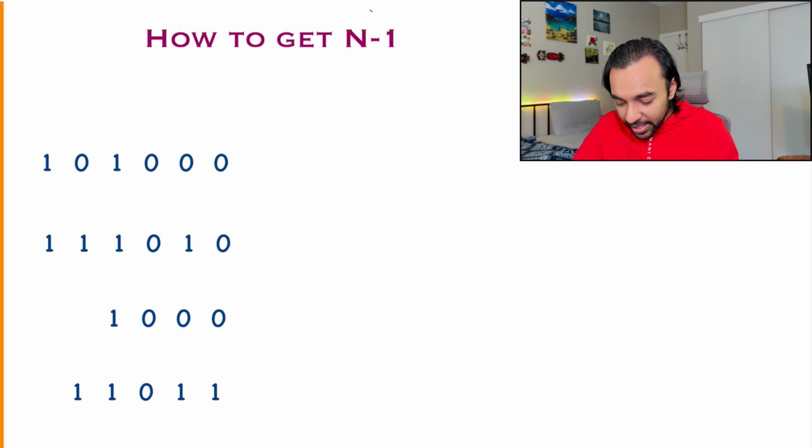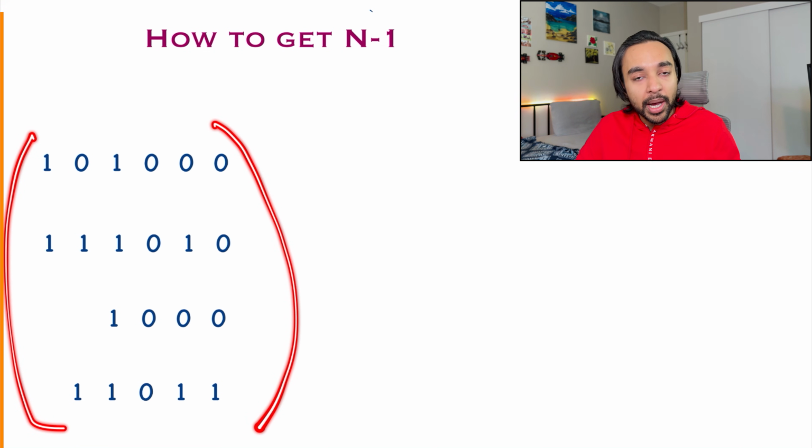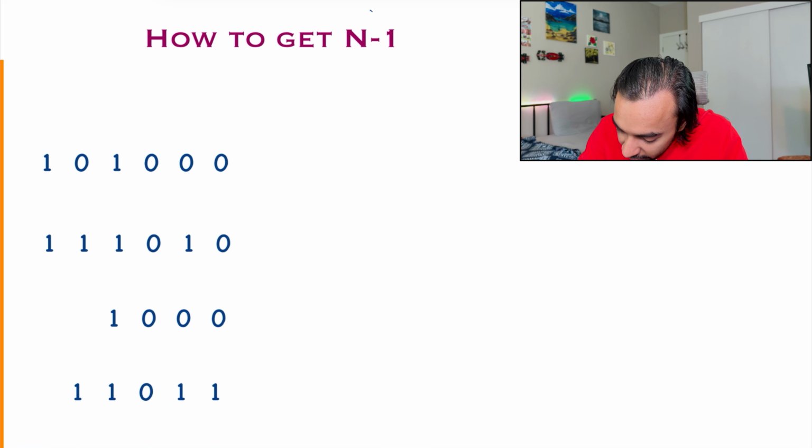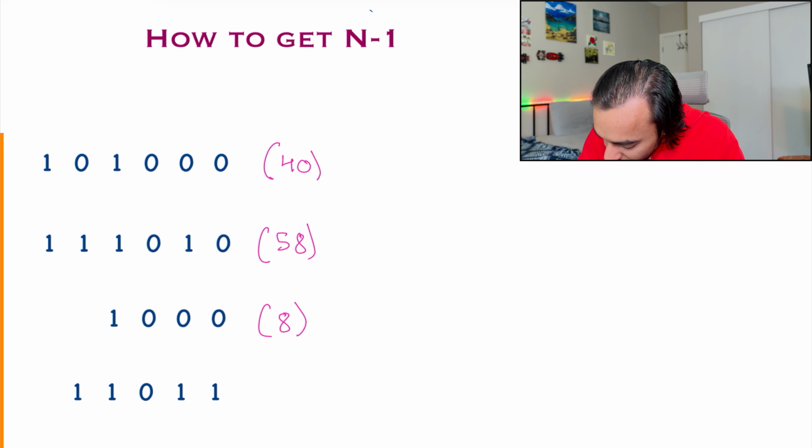Now, before we attack this problem, there is another interesting concept that you need to learn about. That is, if you are given a number n, how do you find n minus 1 in binary? Basically, let us say you are given all of these binary numbers. If you are interested in the decimal representation of these numbers, these are actually 40, 58, 8, and 27.